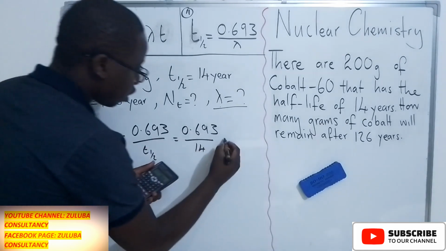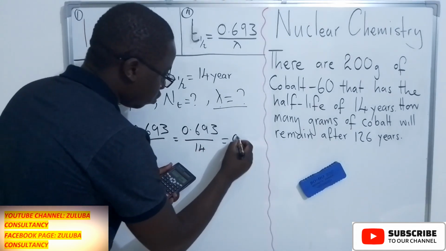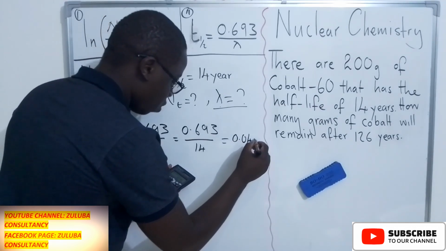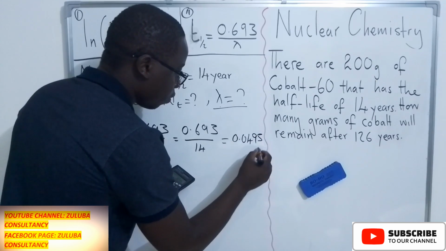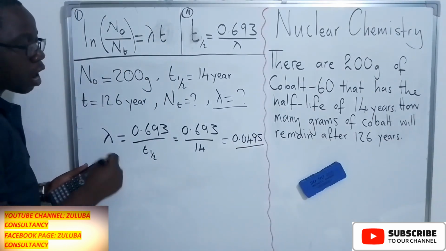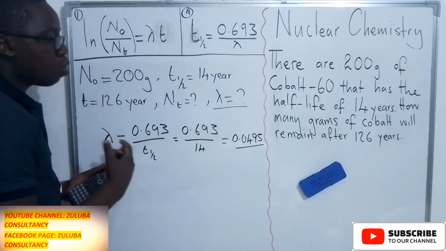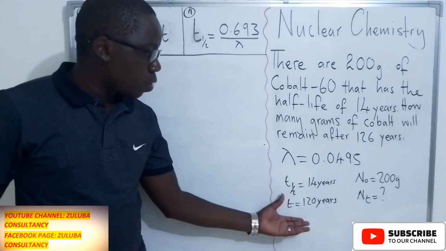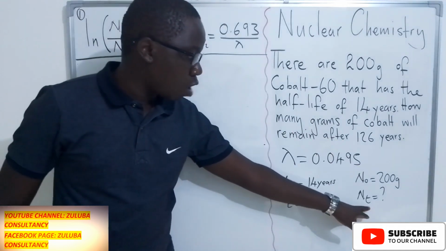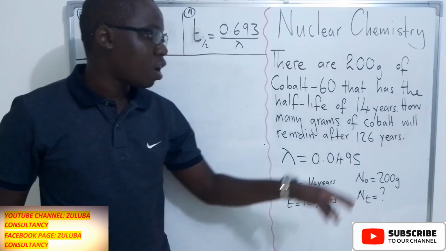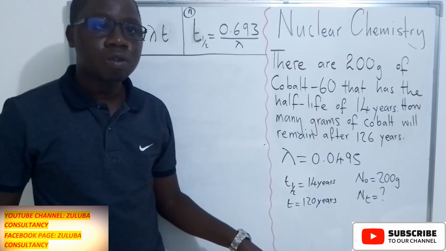We get the answer of 0.0495. So this is the reaction rate constant at which this cobalt was decaying. So what we need to find now is the mass at 126 years.